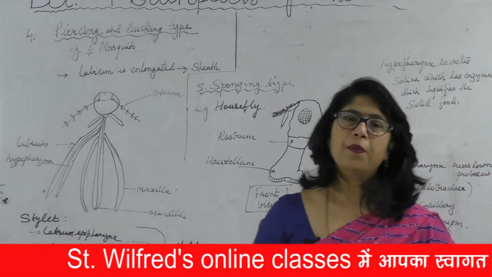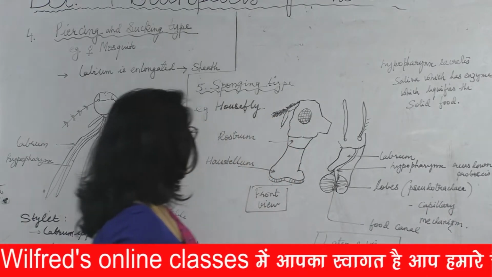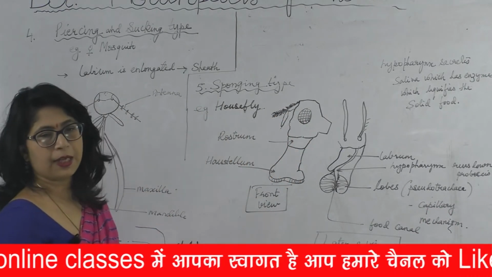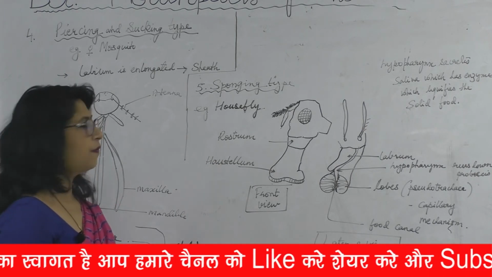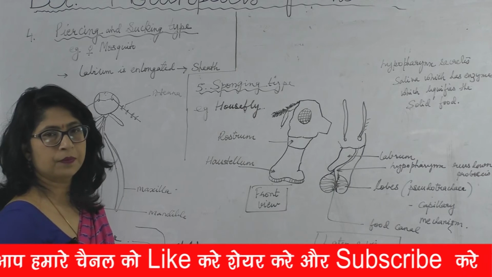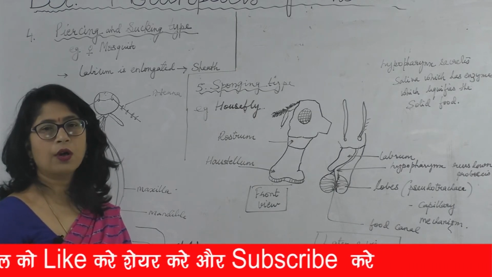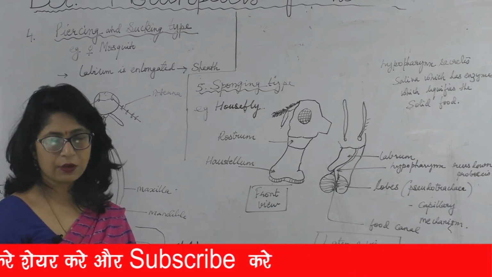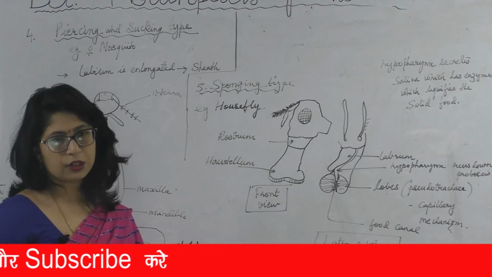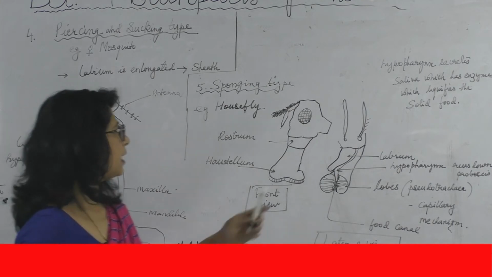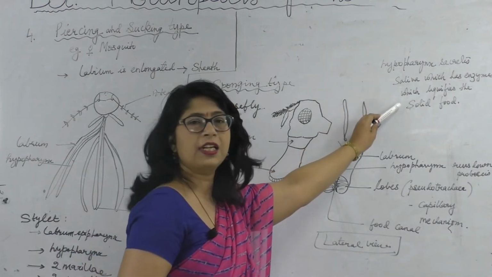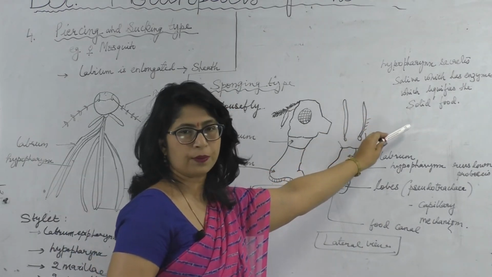The next type of mouth part is called the sponging type. This type of mouth part is found in housefly. The housefly feeds on solid material, but when it sits on its food, it secretes saliva, and the saliva contains enzymes which liquefy the solid food.